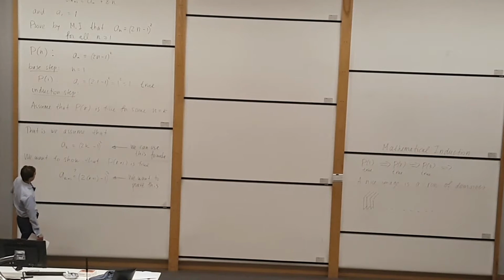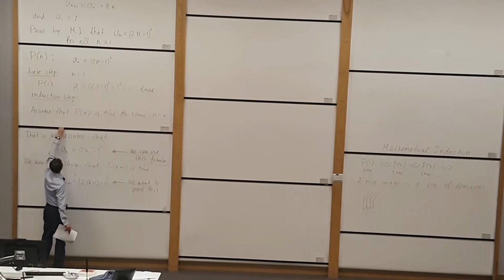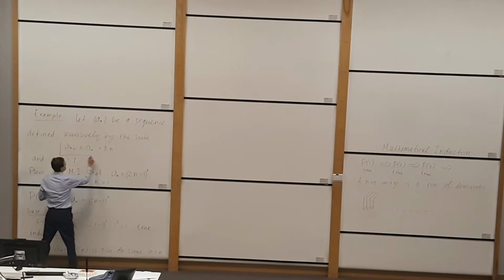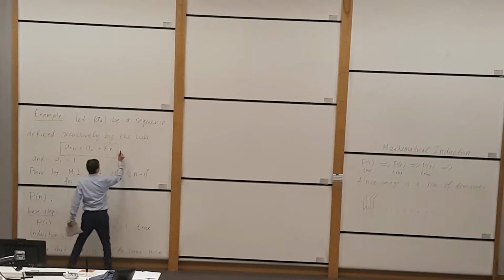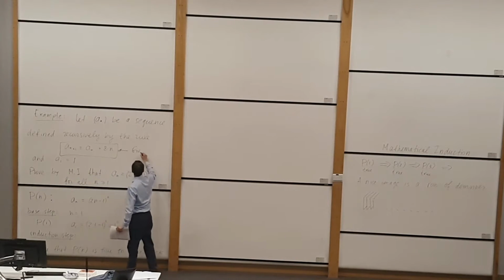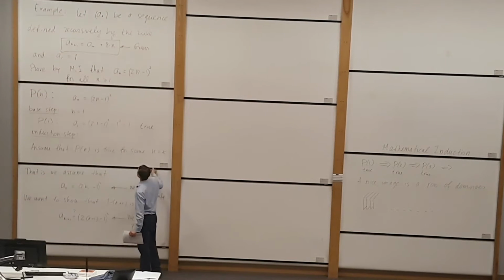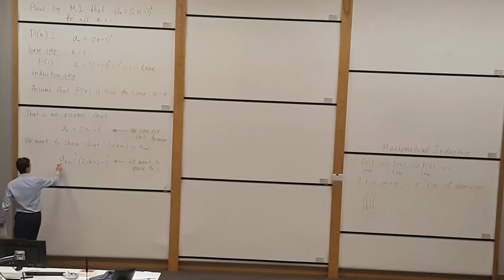And then I recall that, besides this equation, I have my recurrence relation. That's given, right? Because that's the definition of the sequence we are working with. So that's also given from the start. So, to prove this statement, I'm going to start out with the left-hand side and use the recurrence relation.